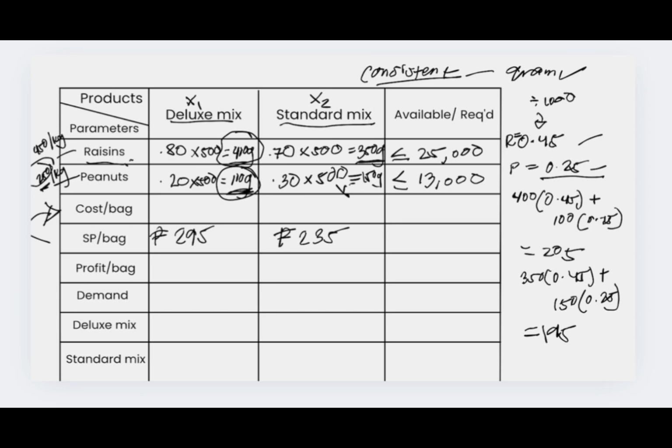So this one and this one are our costs. The cost per bag for the deluxe mix is 205, and the cost per bag for the standard mix is 195.